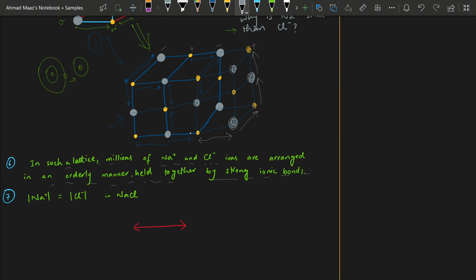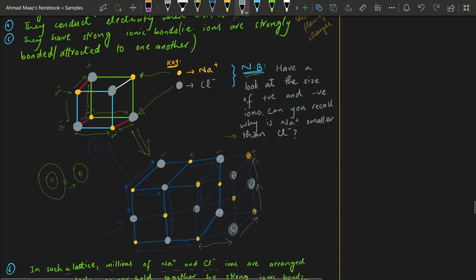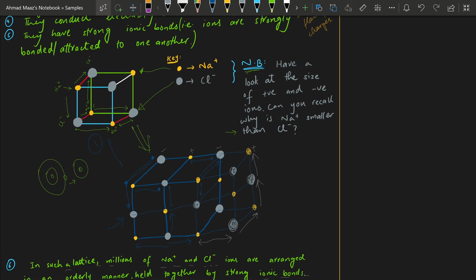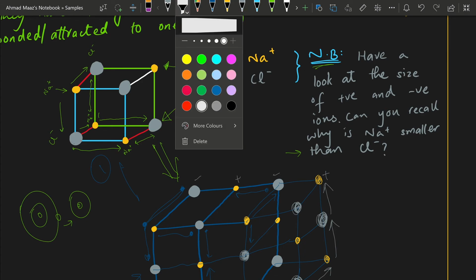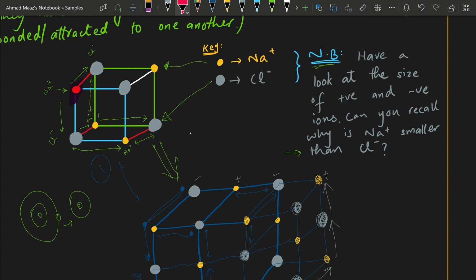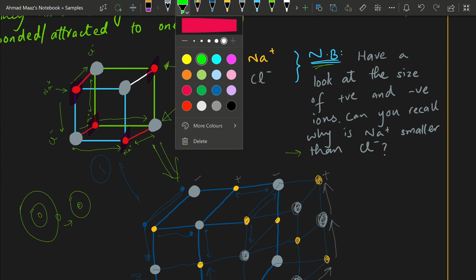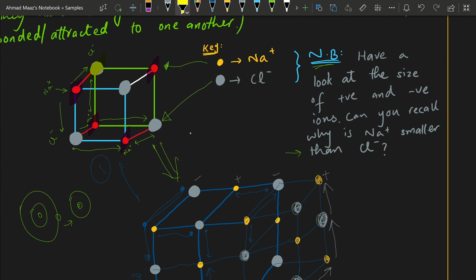There's one important thing: you'll notice that in a larger crystal, the number of sodium ions always equals the number of chloride ions. If you look at this one unit, there is one sodium ion, two, three, four sodium ions, and the number of chloride ions is also the same: one, two, three, four.